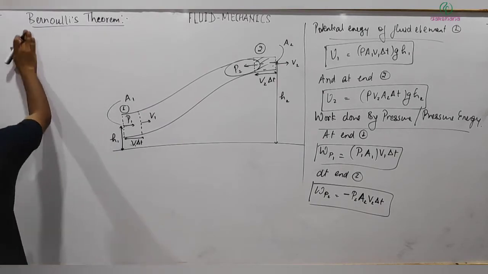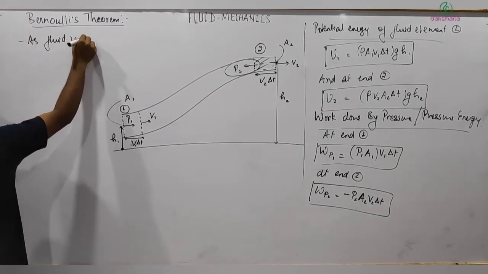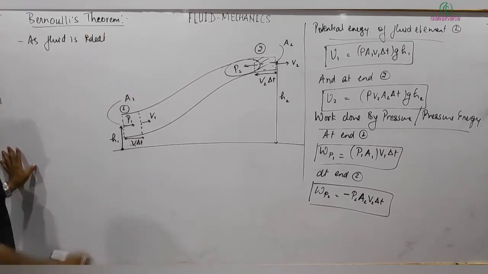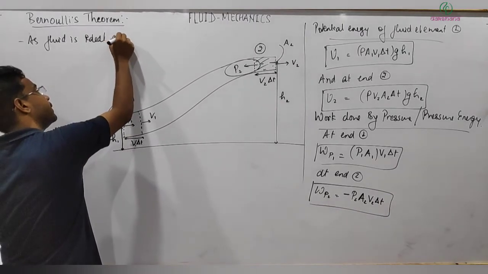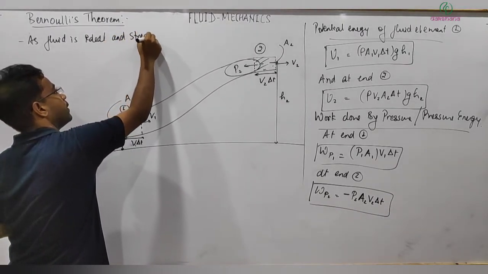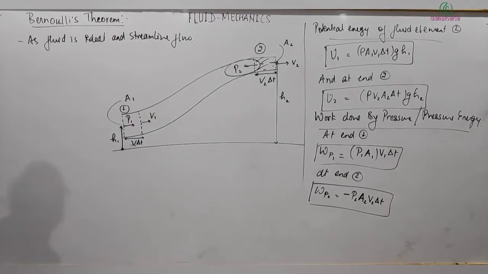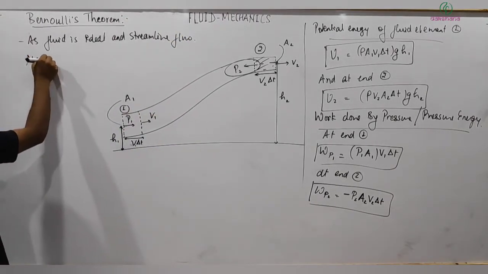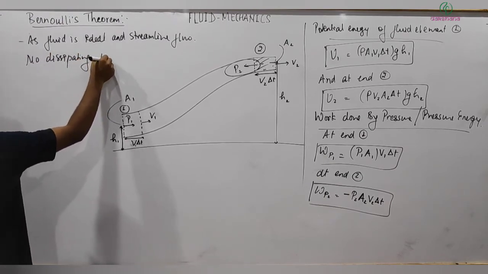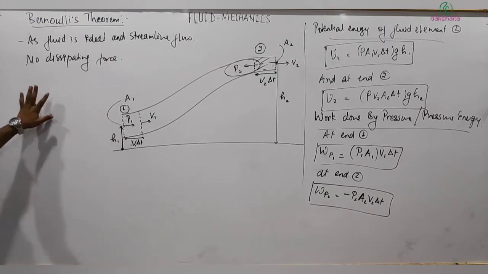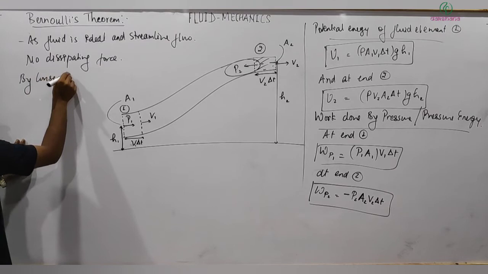As the fluid is ideal, meaning incompressible and non-viscous, with streamline flow, in this situation there is no dissipating force. That's why we can apply the conservation of energy principle.